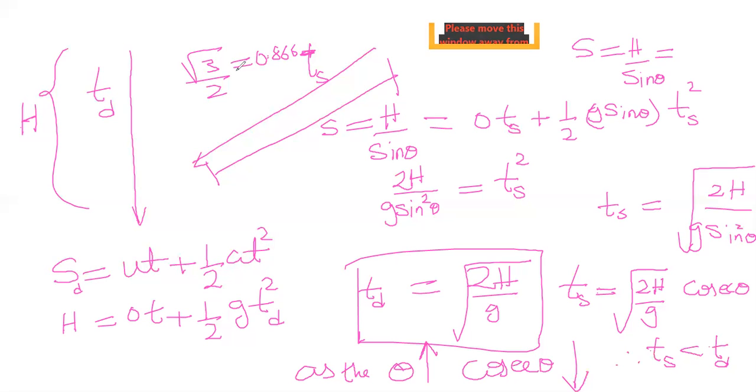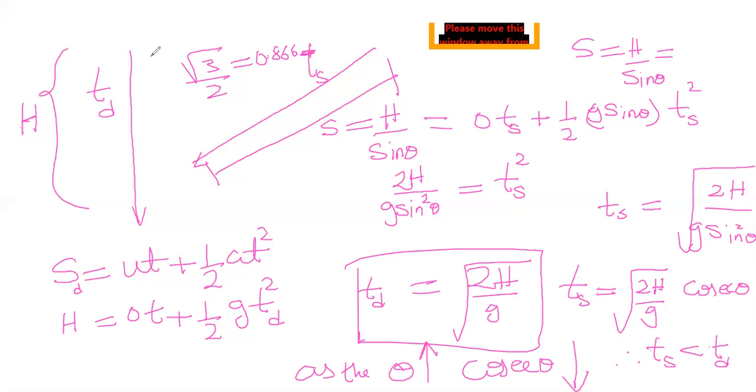So as theta increases, sin theta is increasing or not? Yes, sir. Similarly, sin 45 value will be less than sin 60 but more than 1 by 2. Sin 30 is 0.5. Sin 45 is 1 by root 2, means 0.7 something you will get.